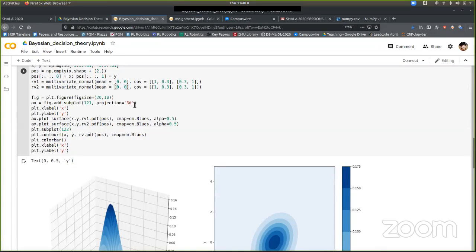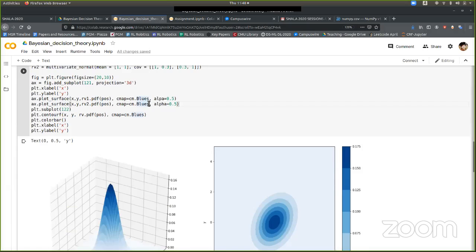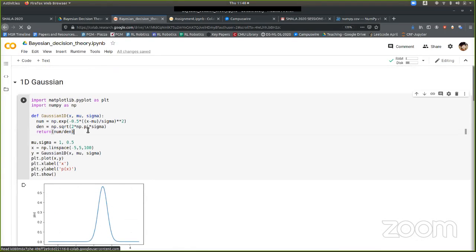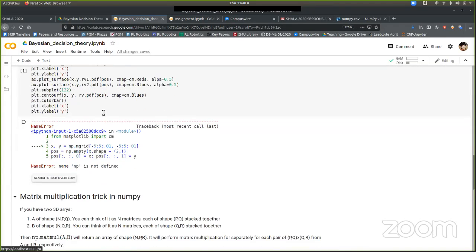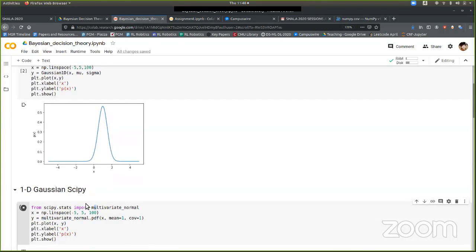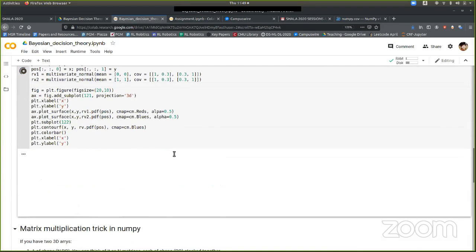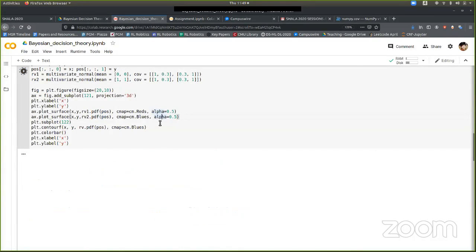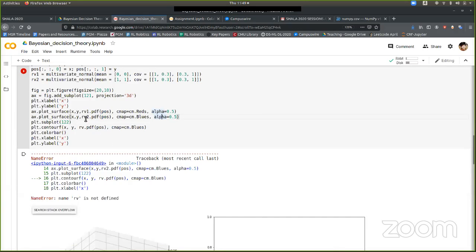So maybe let's just look at an example. Essentially, alpha is transparency.